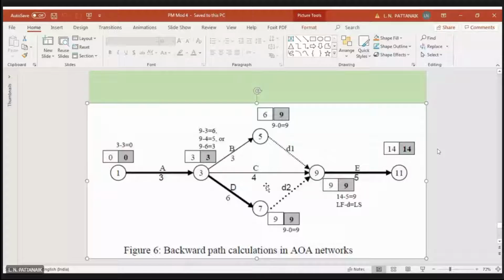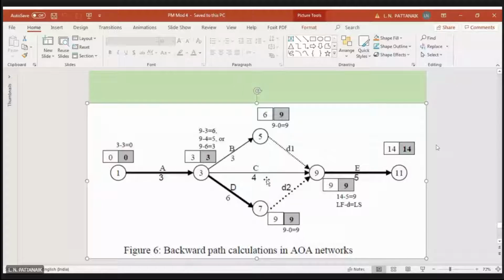In the present figure, the critical path is the path which decides the project completion time, and that is the longest path in terms of time. So 3 plus 6 plus 5, that's why these activities are boldened, not the other activities. The rest 2 activities are not critical activities, okay?